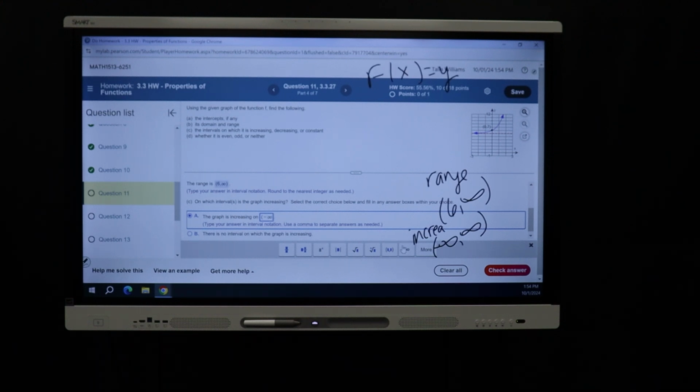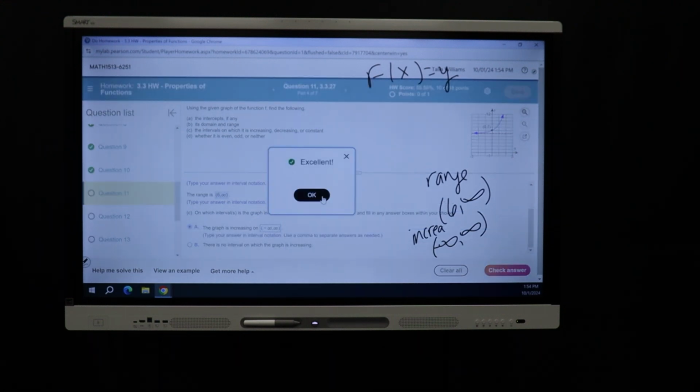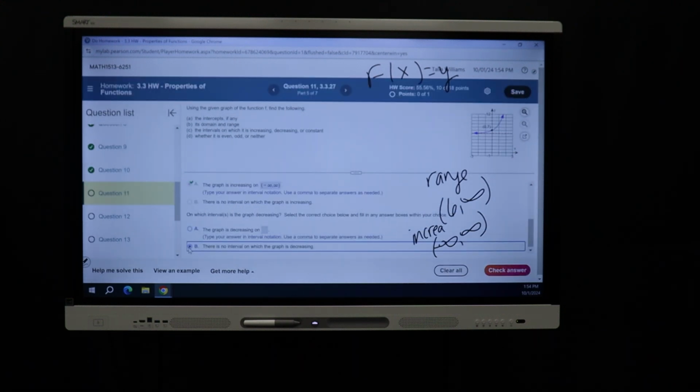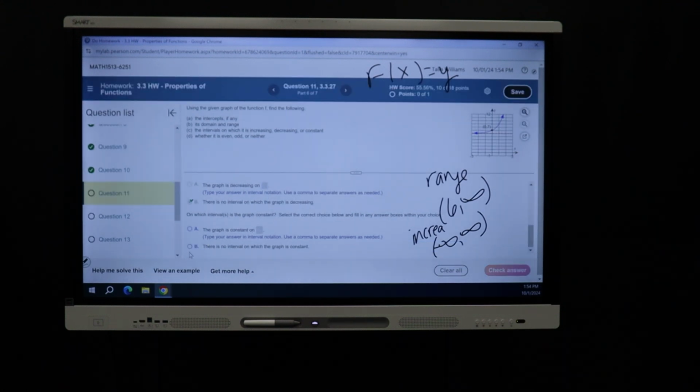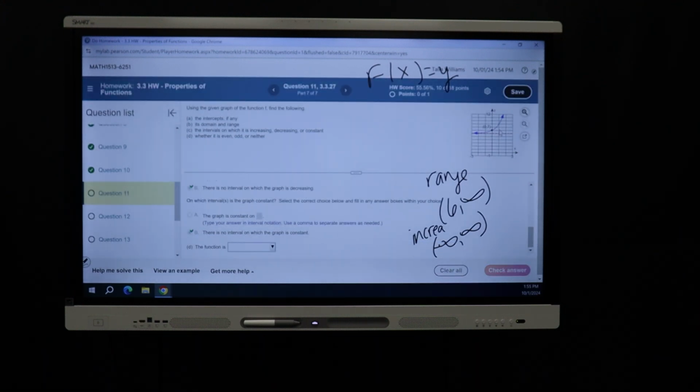It will never not be increasing, which means it cannot be the other options. So there's no interval on which this graph is decreasing. There's no interval on which this graph is constant. This graph has no symmetry. It's not symmetric with the y-axis and it's not symmetric with the origin, because the origin's down here. So this is neither even nor odd.